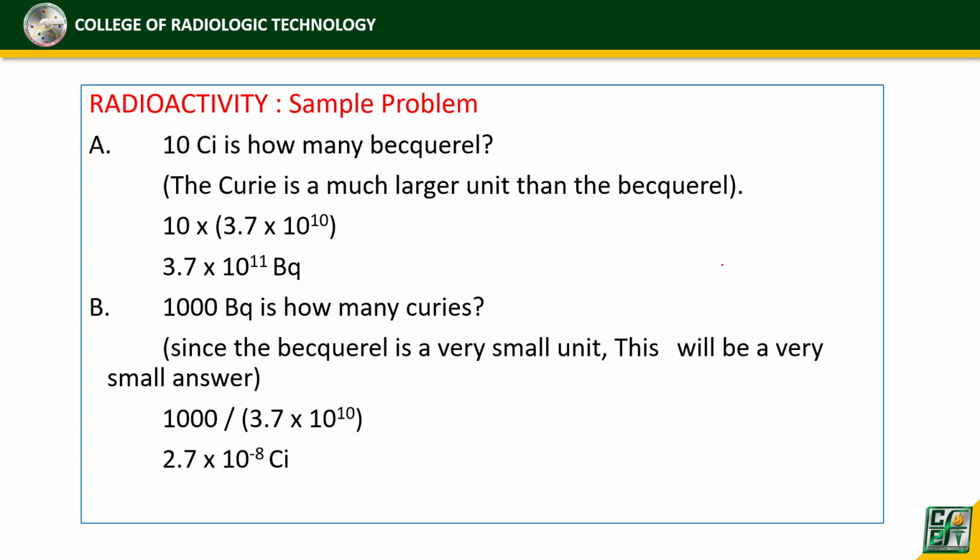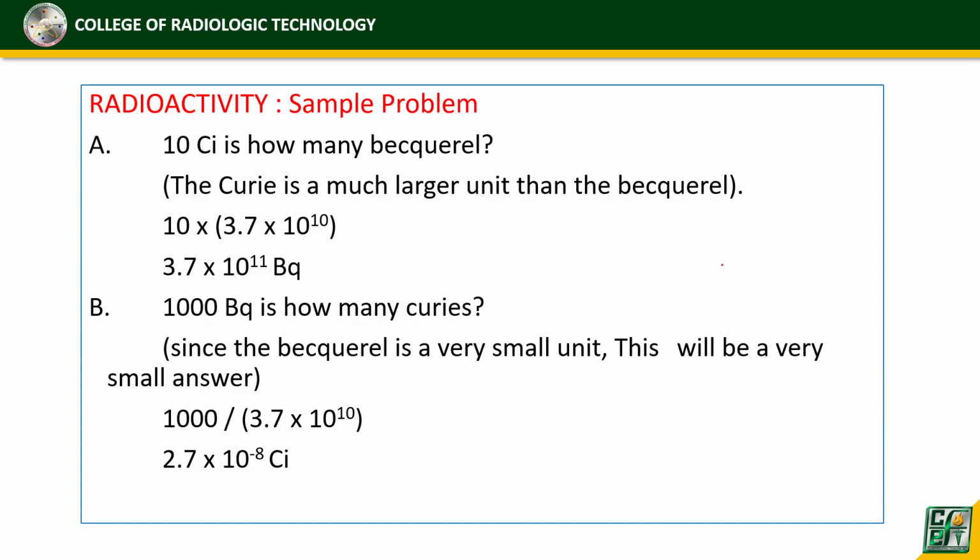Okay, so ito yung sa radioactivity naman. Again, wala tayong computation ng radioactivity. We only have computation of the conversion of units. So 10 curie is how many becquerel?